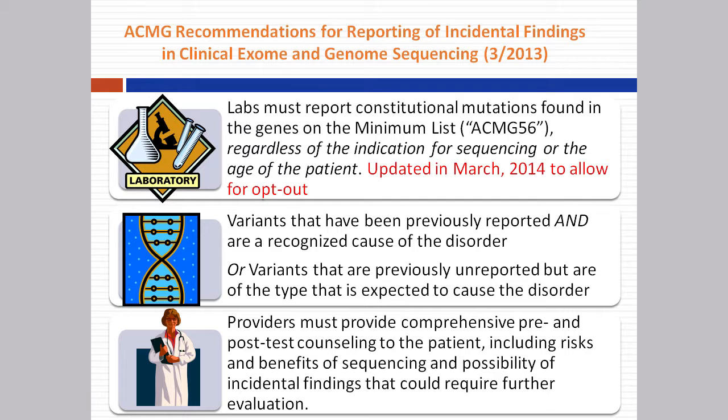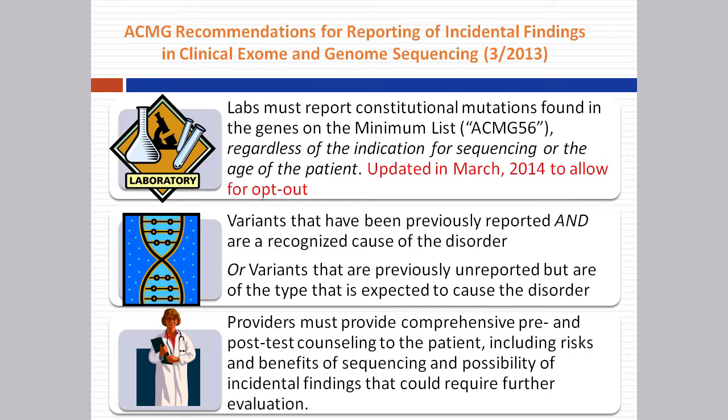These variants are those that have previously been published and meet a very high threshold of being pathogenic. So we usually do not include anything where we have even the slightest doubt that this really could be pathogenic. And obviously, providers must provide comprehensive pre and post testing counseling to the patients in order to discuss those findings.